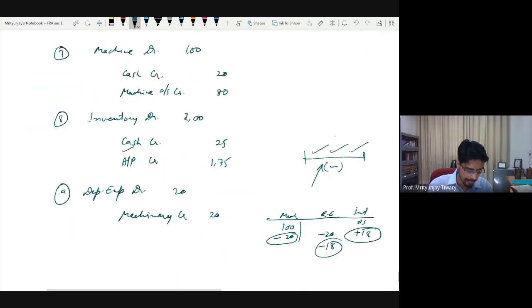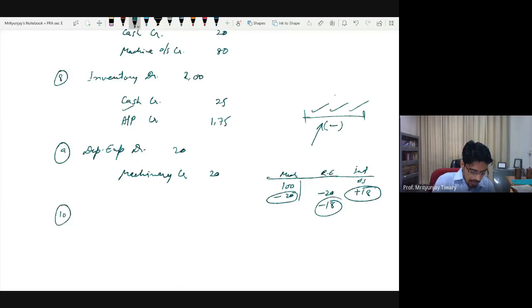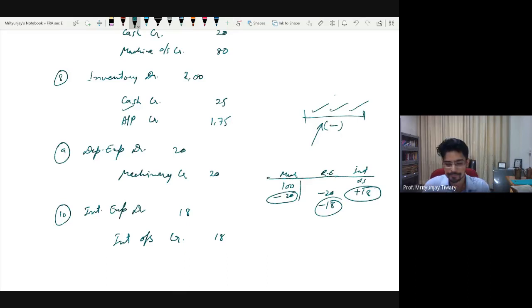So let's do it now. Number 10 is retained earnings debit, and interest outstanding credit, by 18 lakhs. Once again, we don't want to just write retained earnings. We would want to mention the reason. Feel free to create your own name. I would like to call it interest expense. You can create your own name, which is intuitive enough.